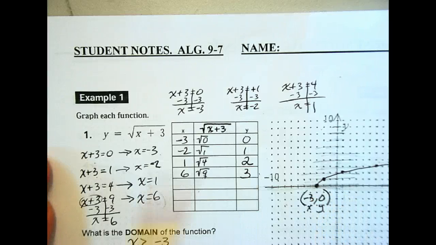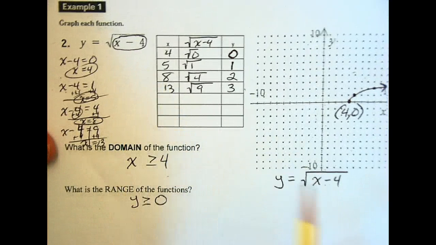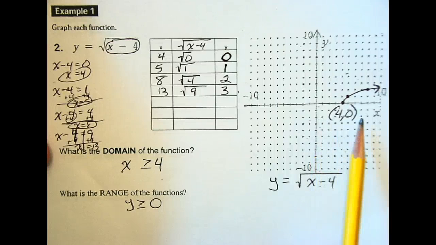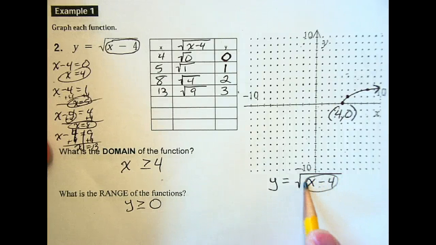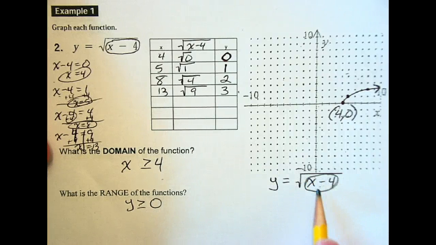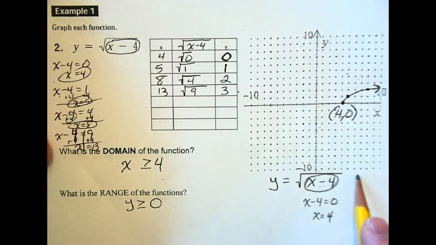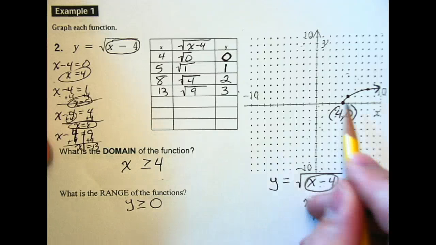It's kind of backwards. That says x plus 3, we shifted that way. This one says x minus 4, and we shift that way. It's always opposite. The way we figure out our vertex and our domain is what makes this thing 0. X minus 4 equals 0 when x is 4. And what are we adding on the outside? 0, and that's where we get that.